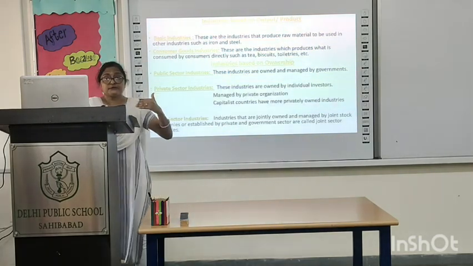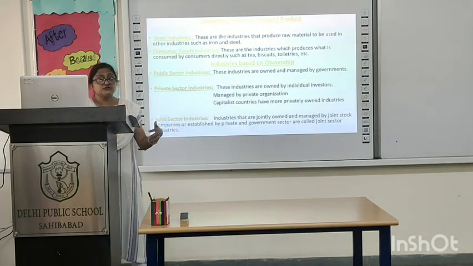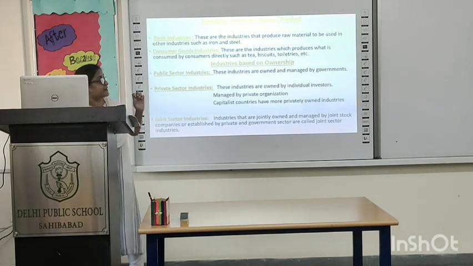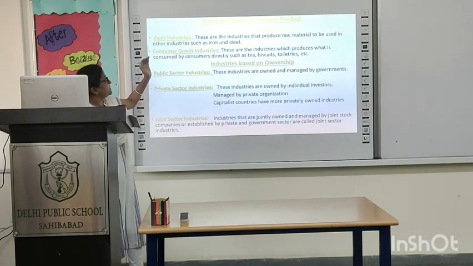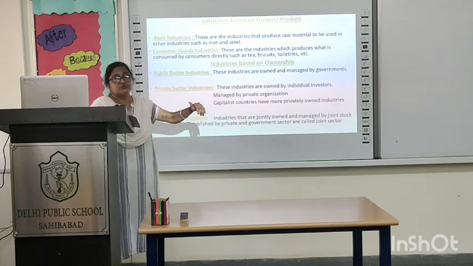Now, another division of industries is the industries based on output and products. In this category, we divide into basic industries and consumer goods industries, and then we will see the industries based on ownership.